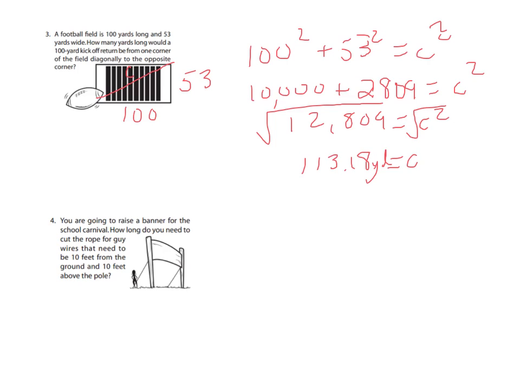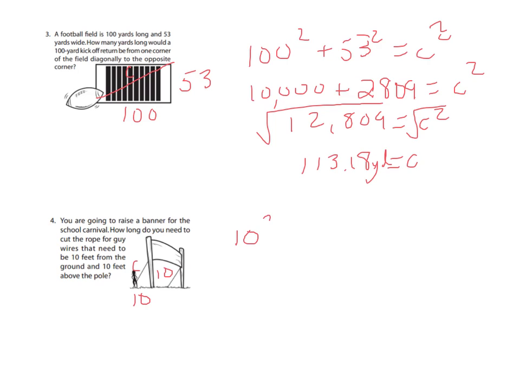Then in the next picture, so you're raising this banner and it says that the guy wire is 10 feet from the edge across the ground and 10 feet off the ground. So we're going to be solving for the C over here. And a guy wire is just a wire that holds something up, in case you were wondering.